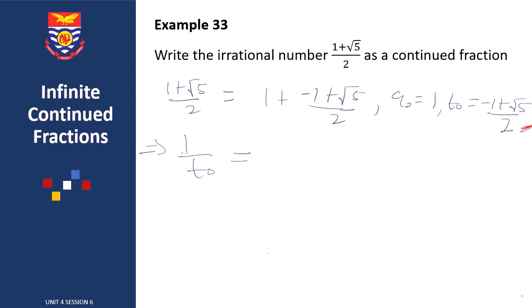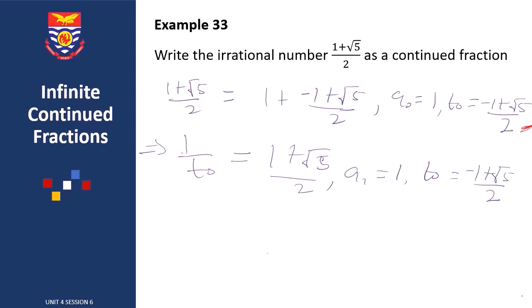We simplify, we rationalize, and at the end of the day we get the answer to be (1 plus root 5) all on 2. So you get the same thing backwards. And after here, you get your a1 equals 1, with t1 equal to (minus 1 plus root 5) all on 2.